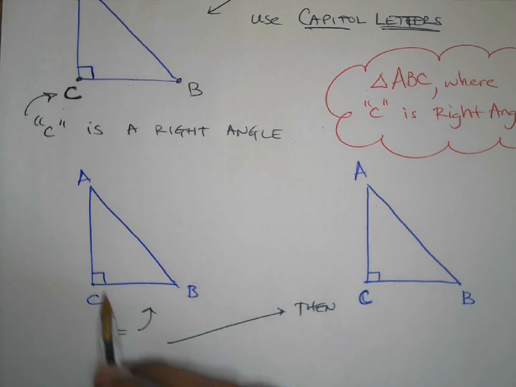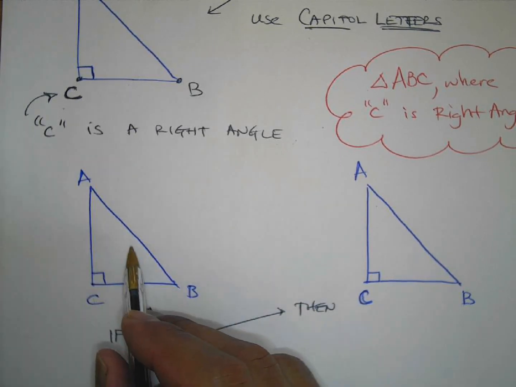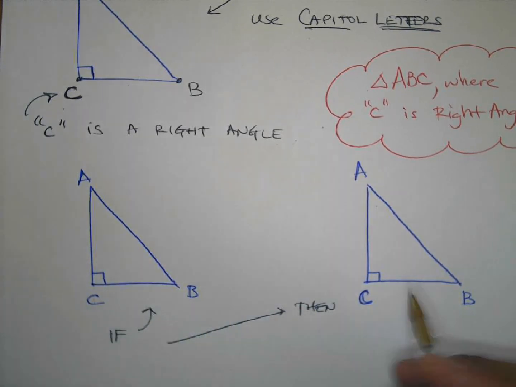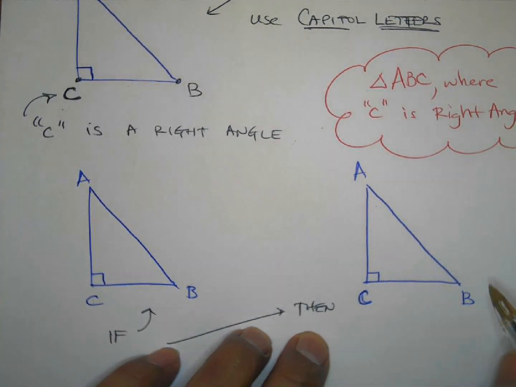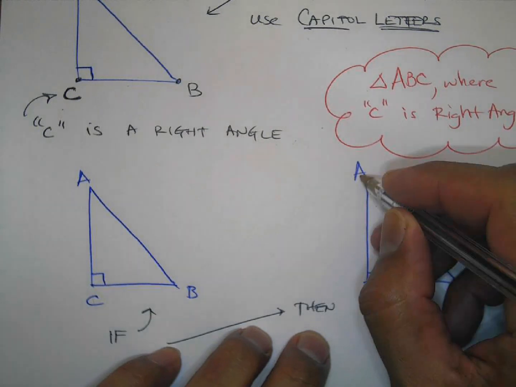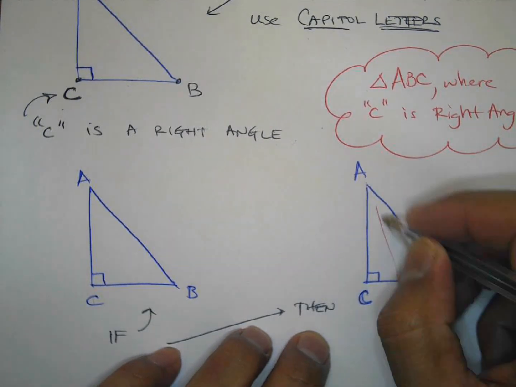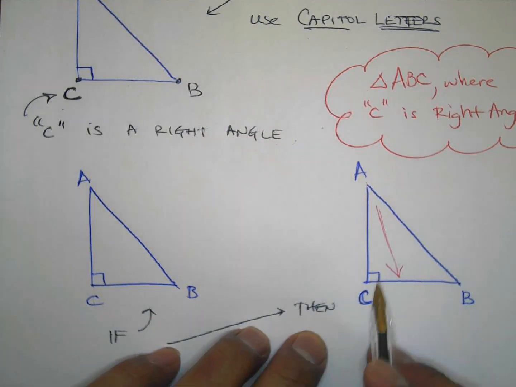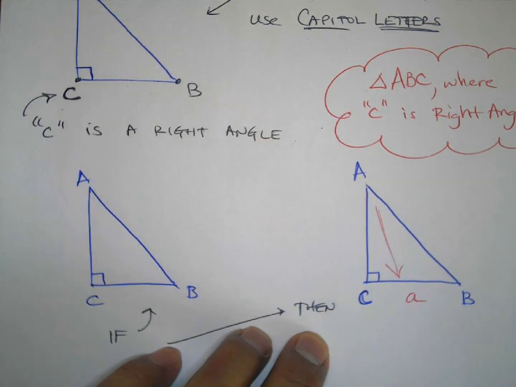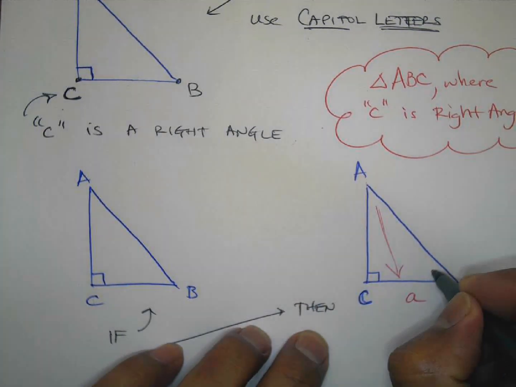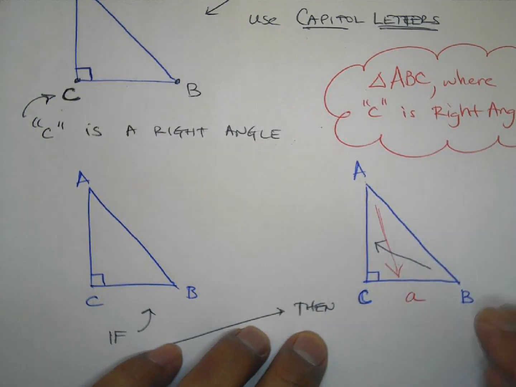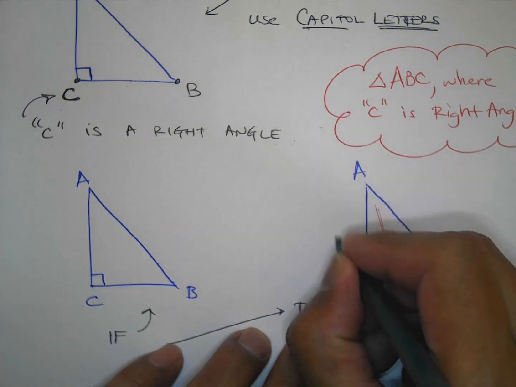If this is true for the corners and the vertices, the capital letters are the corners, then the lowercase, you can't just put them anywhere. It has to be opposite. The side opposite of capital A is lowercase a. The side opposite of angle B is lowercase b.